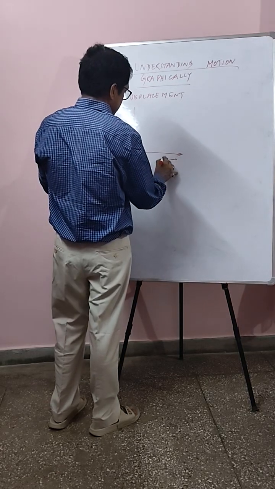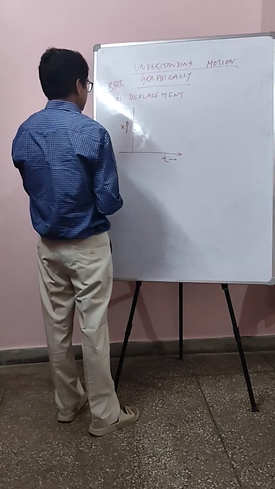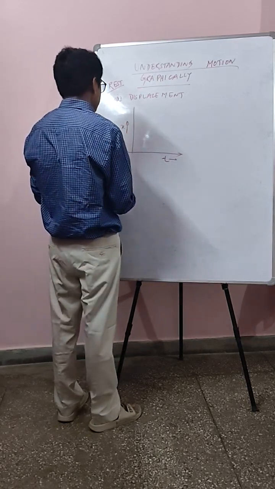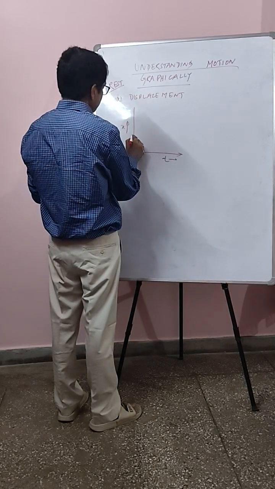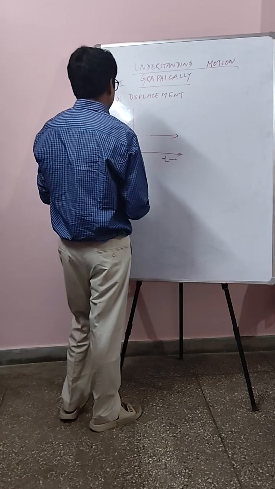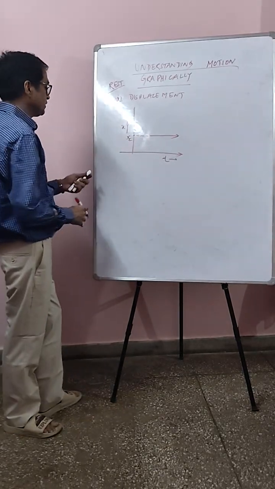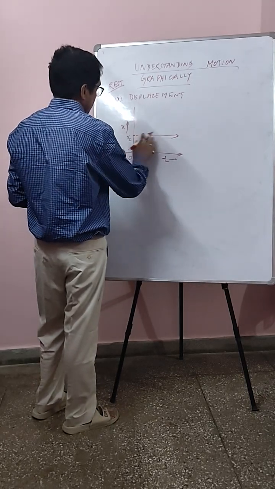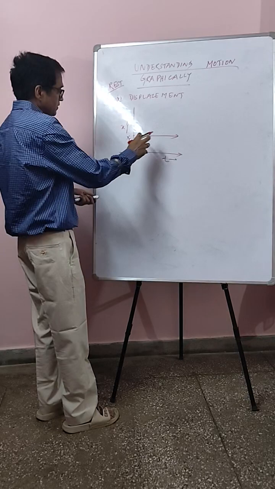This is T, this is X, or you can take Y. The body is at rest, so we take some position X constant from the reference point, and the value is constant. So this is displacement graphically.